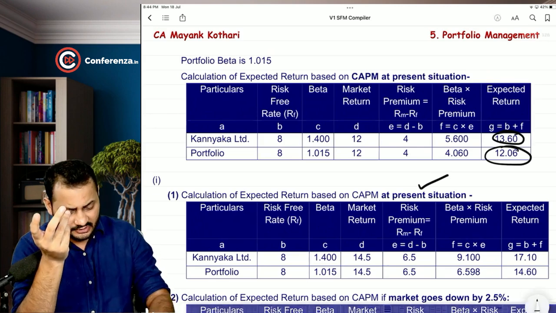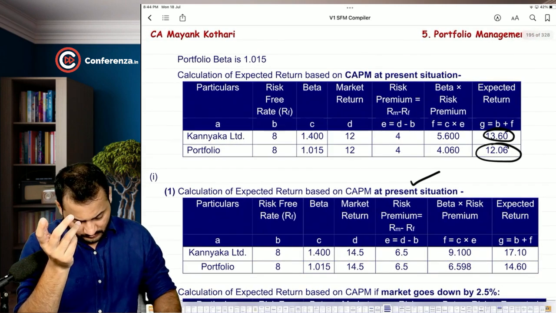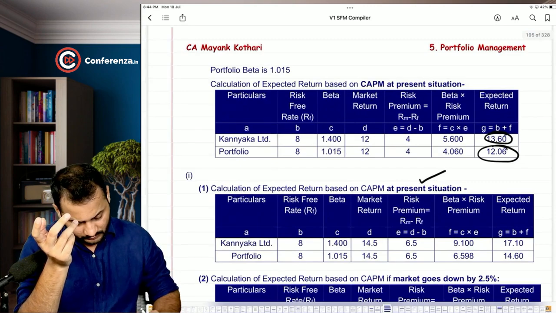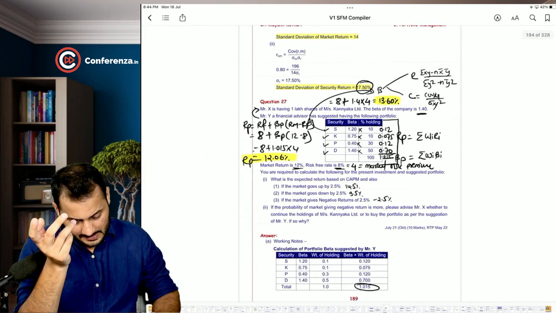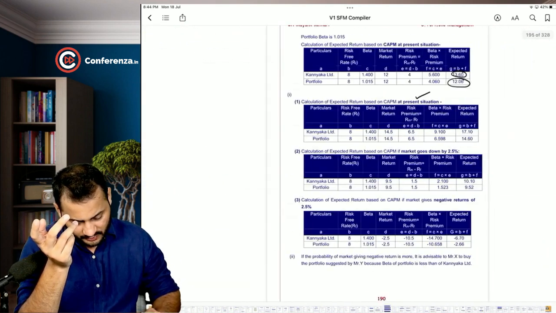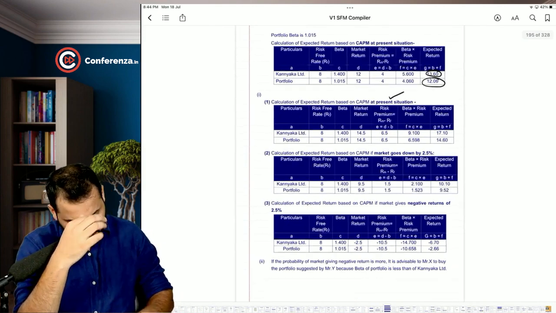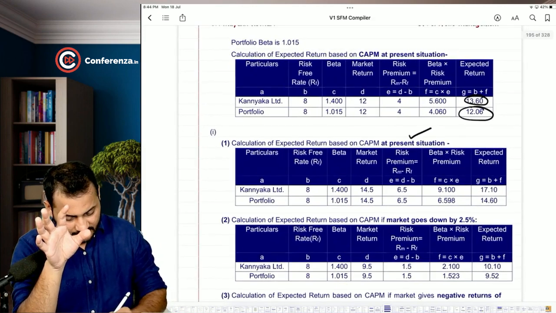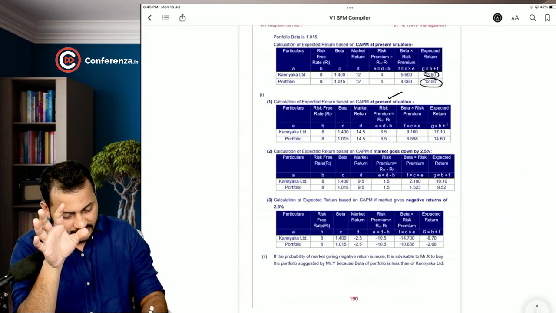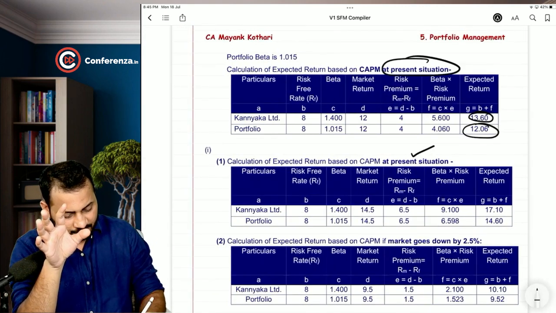What is the present situation? Market return. Just change a couple of things. This is the present situation. There is a printing mistake.